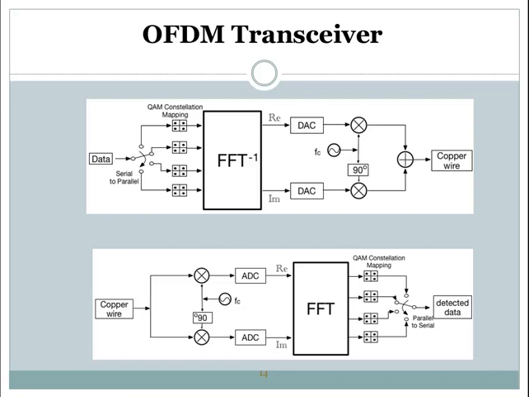Through the FFT, it transforms the time domain signal into the frequency domain signal, and these parallel frequency domain QAM symbols are demapped and then converted from parallel to serial again. Then we have our desired, or detected, signal.